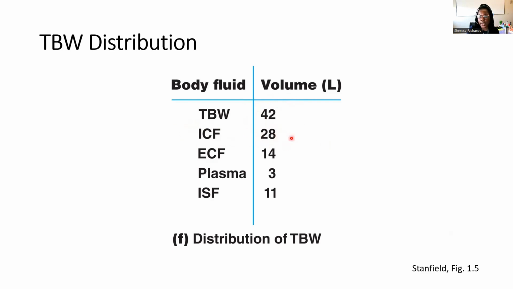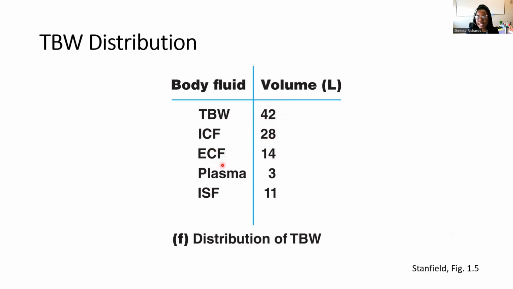That's going to be about 28 liters. Now, all the water outside our cells is going to be our extracellular fluid compartment, and that's going to be about 14 liters. Now notice, total body water includes ICF and ECF. And if you were to add these two numbers, you should get 42.